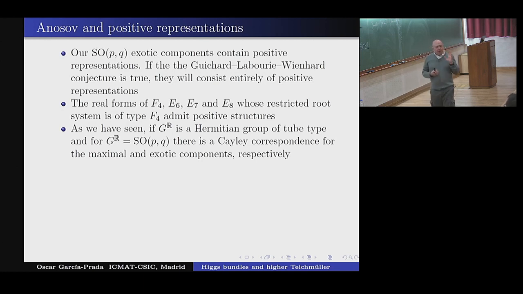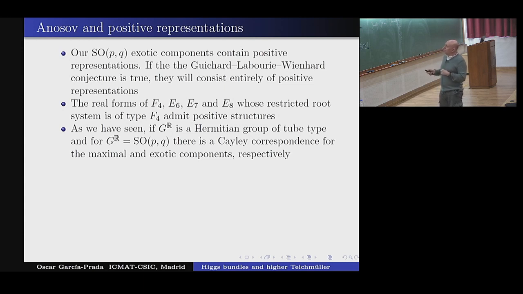But from the point of view of Higgs bundles, Higgs bundles are not very good at detecting these properties of particular representations, because the non-abelian Hodge correspondence is a transcendental correspondence and you don't know explicitly what happens. Higgs bundle techniques are very good at counting components, detecting the topology, and so on. But the existence of these components manifests in another way.